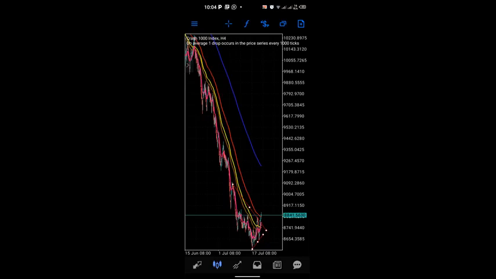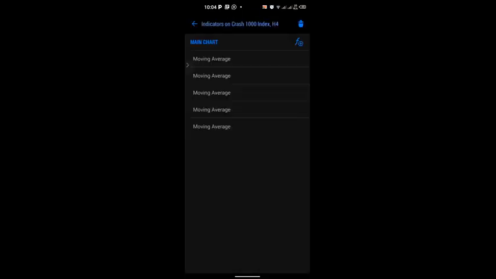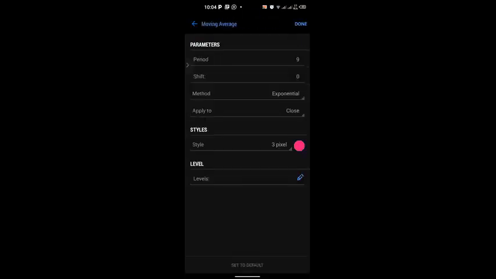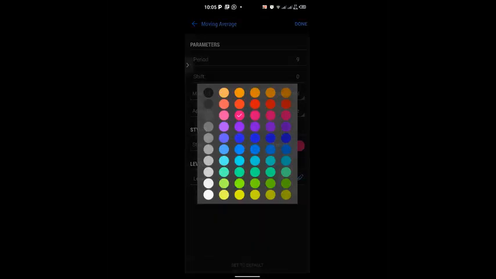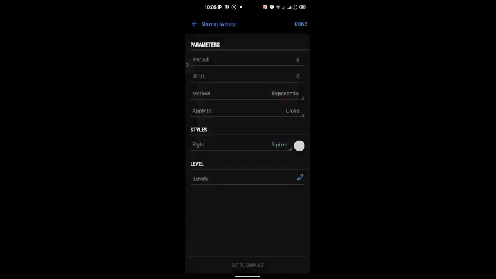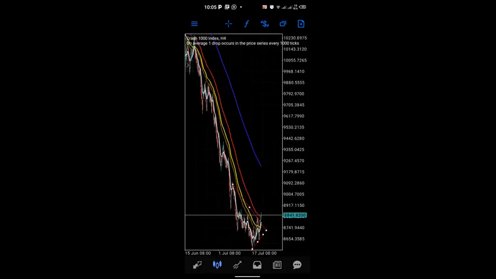So when we look at the chart, you can see that any change of direction is indicated by the moving average 9. Exactly, any little change. But at the end of the day, it is a downtrend.